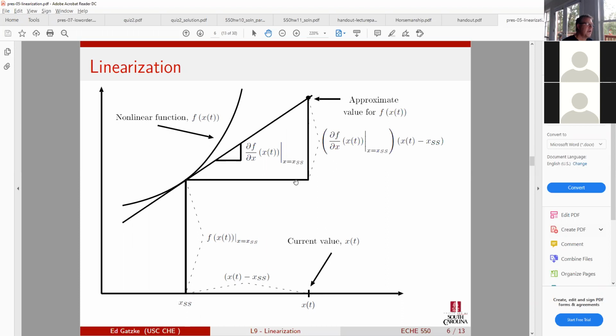Because as we move away, that's this flat part of the triangle, and you multiply it by the slope to get this top part of the triangle. You add this part, 0 to here, is the function at steady state. There, up to there, is your approximation, because you multiply the slope times the deviation. If you're close to steady state, the nonlinear and the linear are pretty close. As you get further away, they're pretty bad.